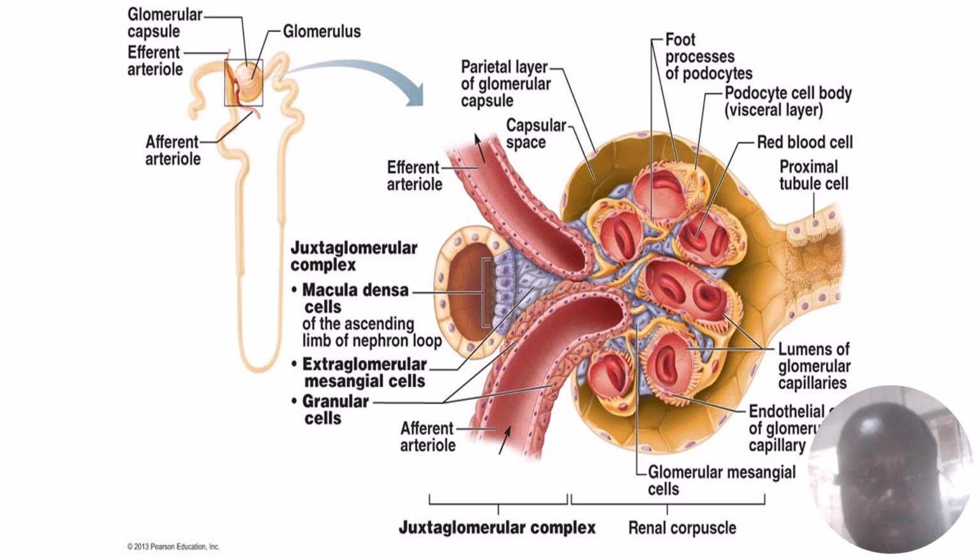So the juxtaglomerular apparatus is made up of cells of the thick ascending portion of the loop of Henle, which are the macula densa cells. Also, part of it is the cells in between the afferent and efferent arterioles called granular cells that secrete renin, and then we have mesangial cells which are contractile and are able to pull the afferent and efferent arterioles together. So that is the juxtaglomerular apparatus.